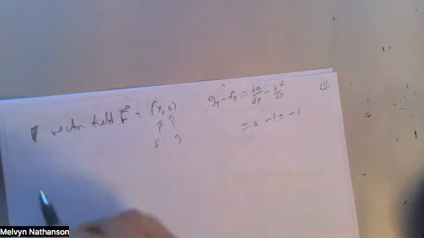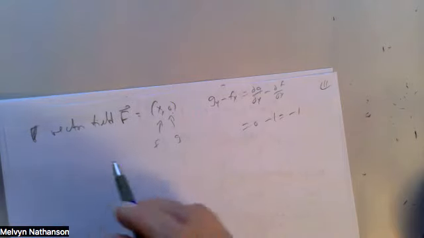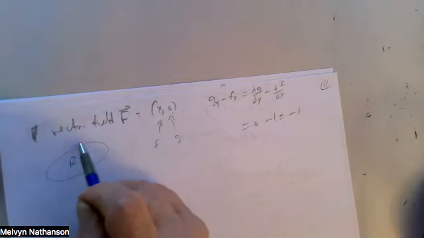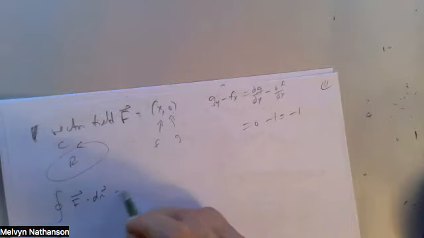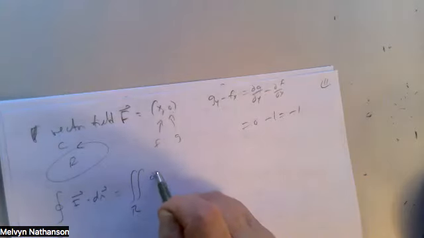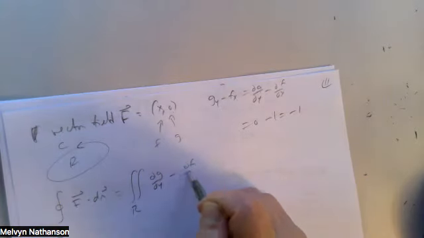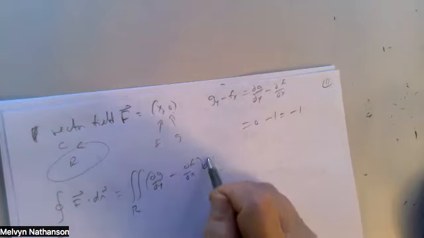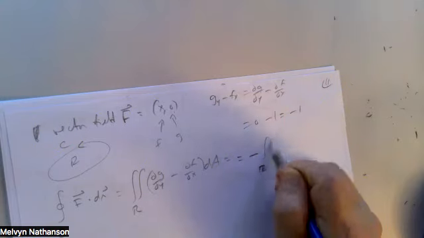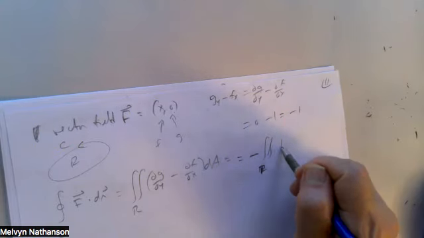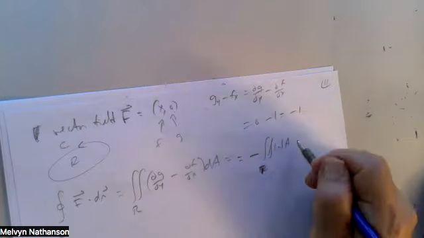So if you look at Green's theorem, you have some region R bounded by this closed curve C. The integral around C, that is this line integral, is the double integral over R of this curl, but the curl is minus 1. So this is minus the double integral over R of 1, which is minus the area.